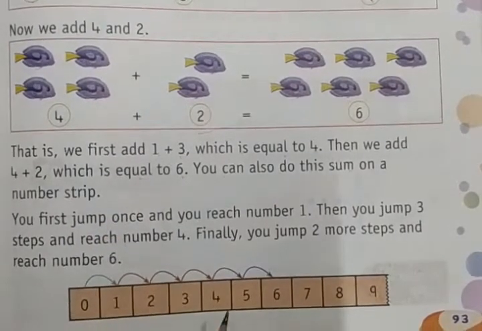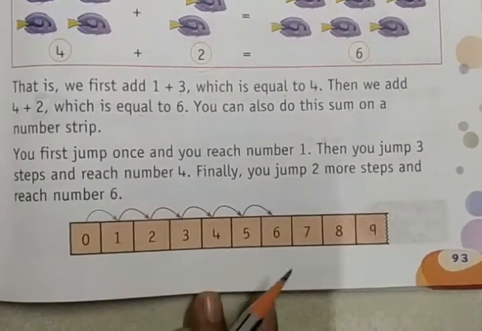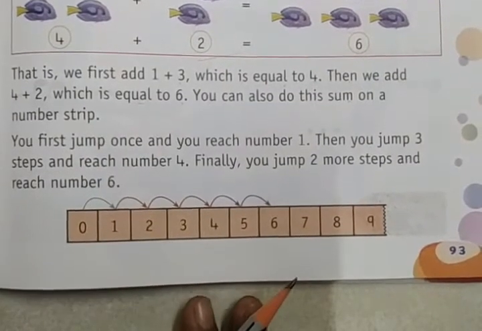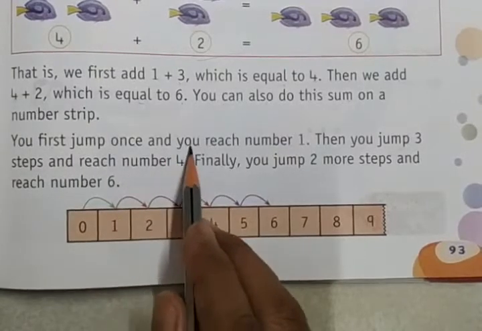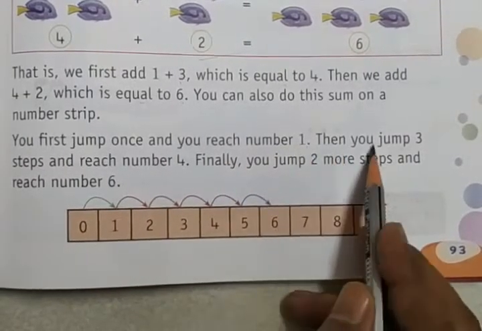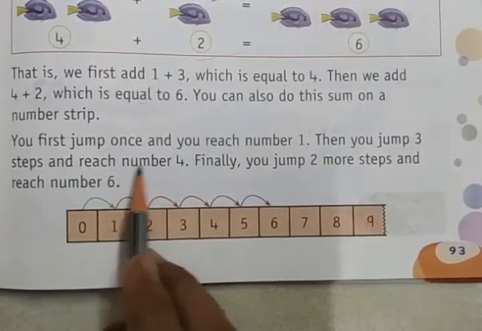So here we can add these 3 numbers on the number strip. You first jump once and you reach the number 1. Then you jump 3 steps and you reach 4.